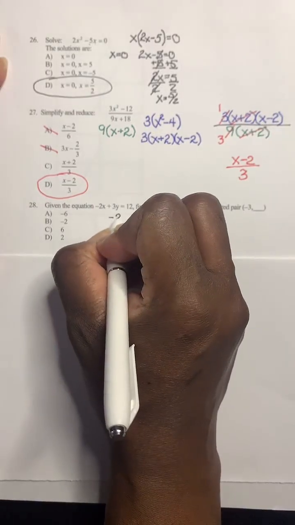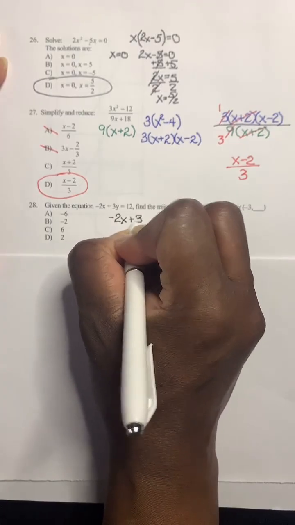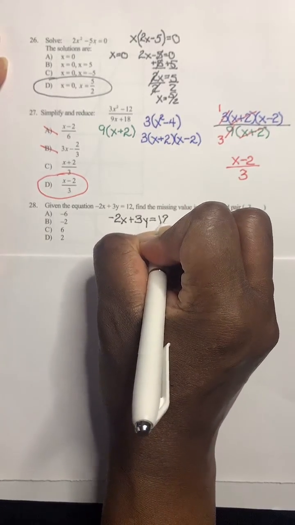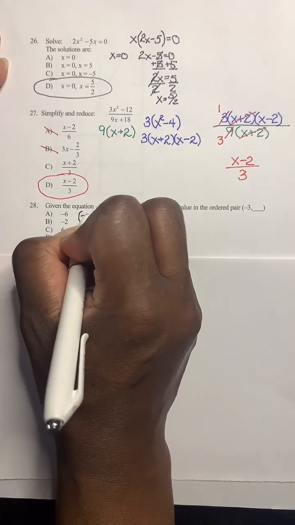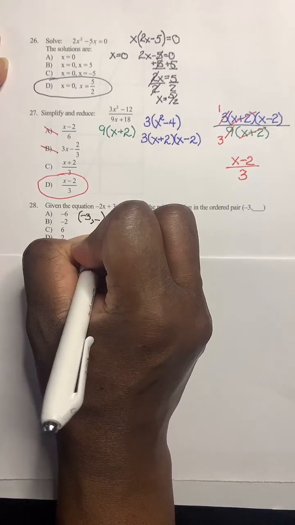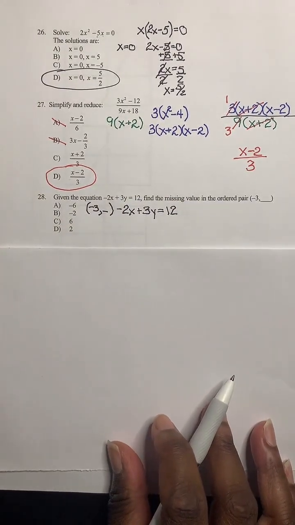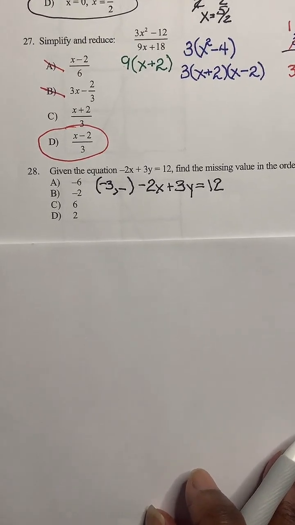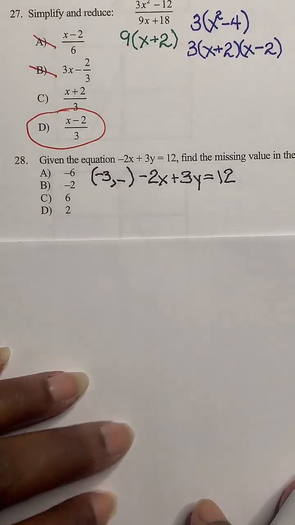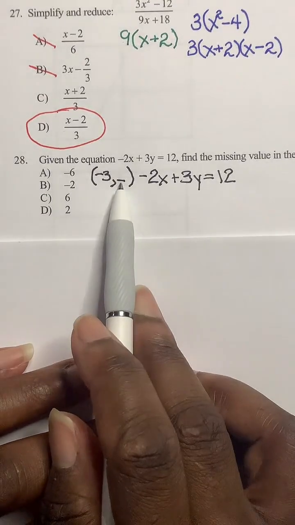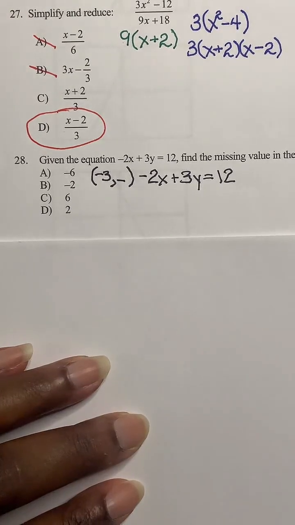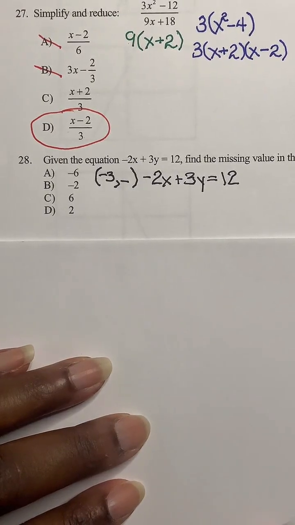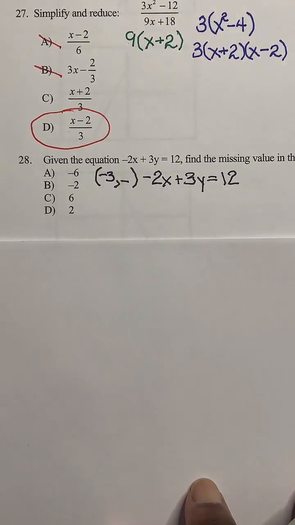We have our formula, negative 2x plus 3y equals 12, and they want you to find the missing y coordinate. The equation is here, and what's inside the parentheses is the coordinate, and they want you to find this missing y coordinate. So is it A, negative 6, B, negative 2, C, positive 6, or D, positive 2?